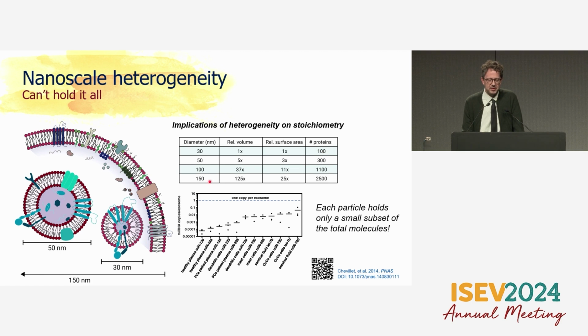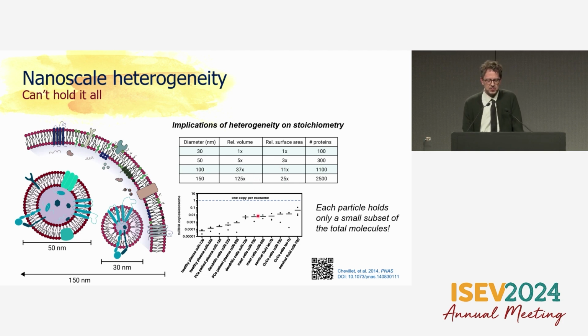But now let's consider a 150 nanometer diameter unilamellar vesicle. The same number of proteins is 2,500. So that's a huge discrepancy of more than an order of magnitude. You see that relative surface area is 25 times higher. The relative volume is 125 times higher, because you scale with squared and cubed.